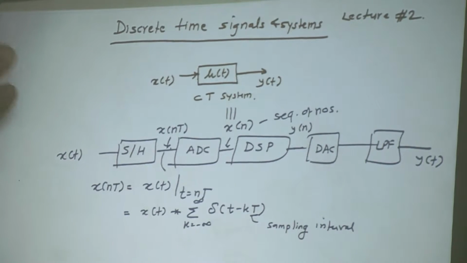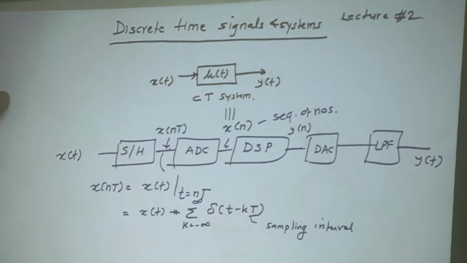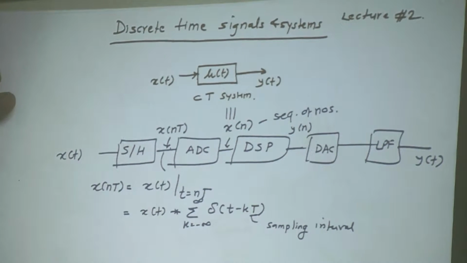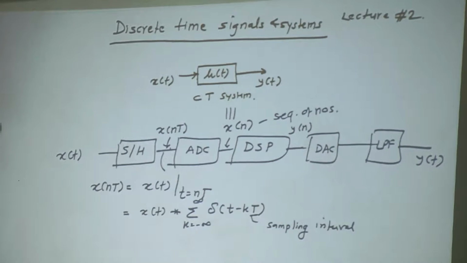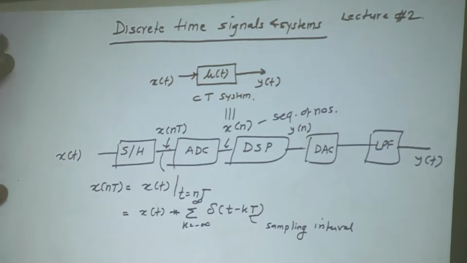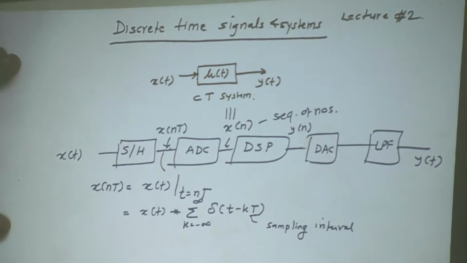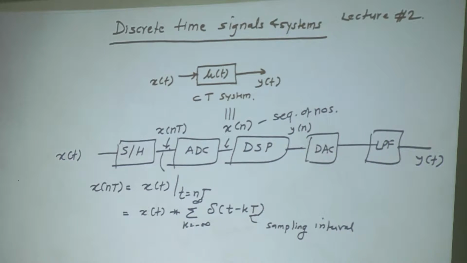There are some signals which are naturally discrete time. When we count, say, the number of passengers on a bus, on a train, in an airplane, what are these required for? These are required for forecasting the traffic during a particular time or day, so that the corresponding number of trips of the buses, trains or aeroplanes can be increased or decreased based on the requirement.